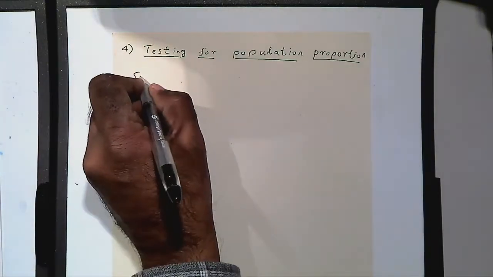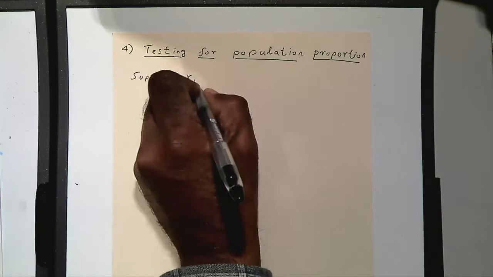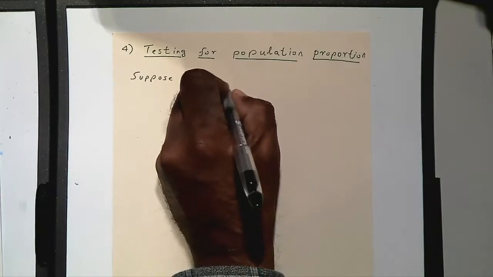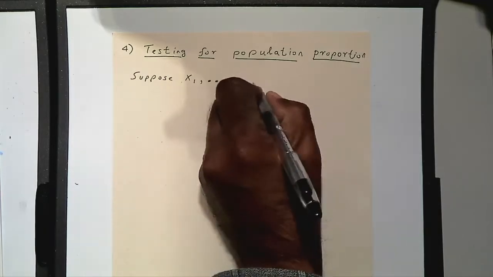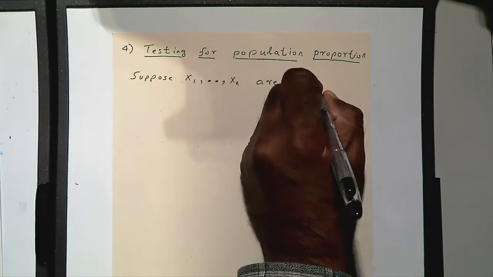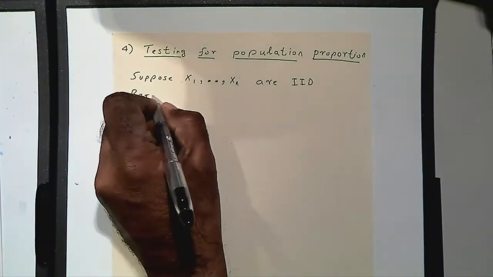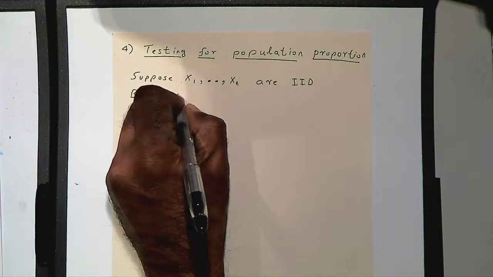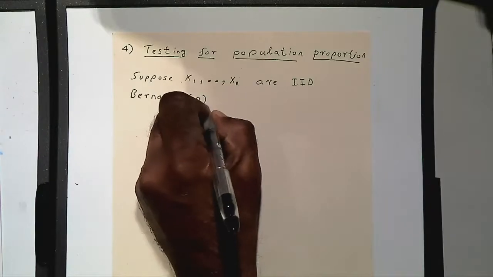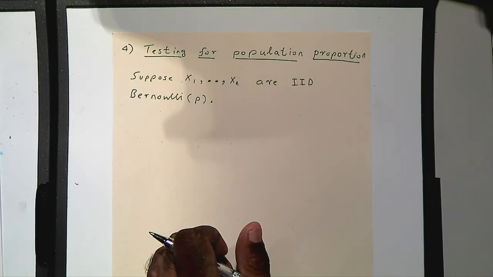So suppose you have a random sample from a Bernoulli distribution with parameter p.